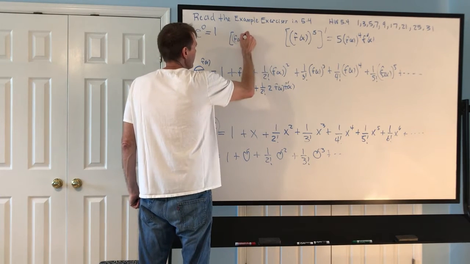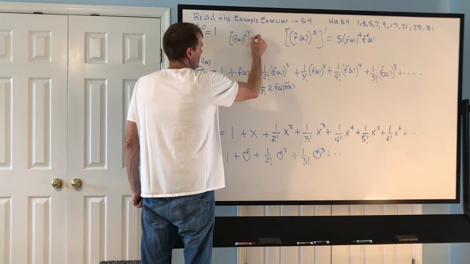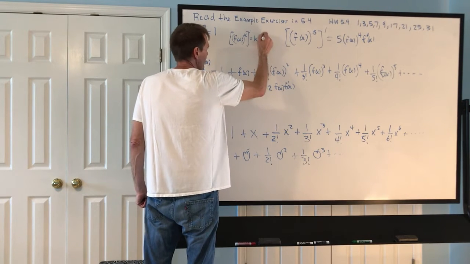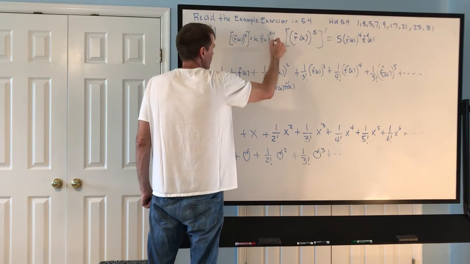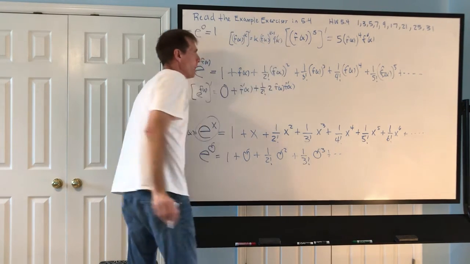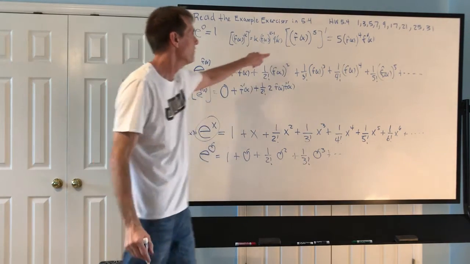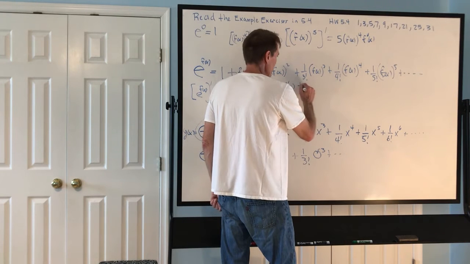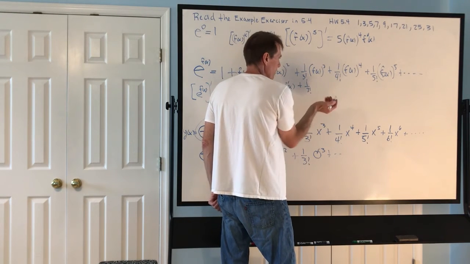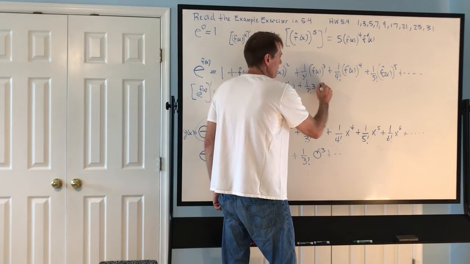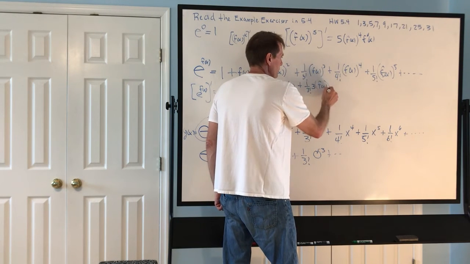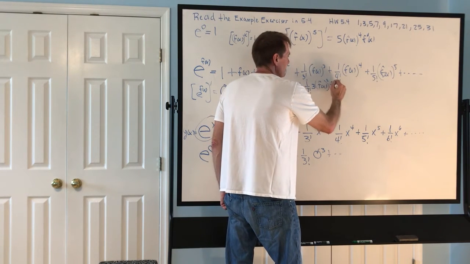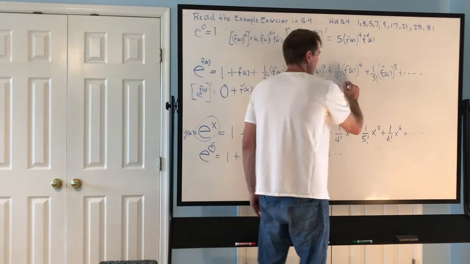The derivative of f of x to the k is k f of x to the k minus 1 times f prime of x. We're always going to have that f prime of x with all of these terms. So this would then be 1 over 3 factorial, that's just a constant, f of x squared times f prime of x, and this keeps going on and on.